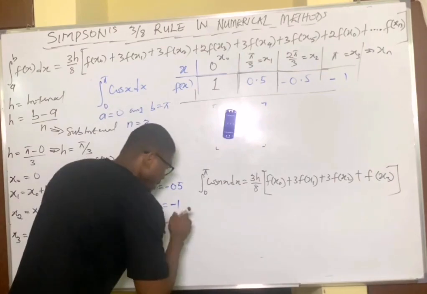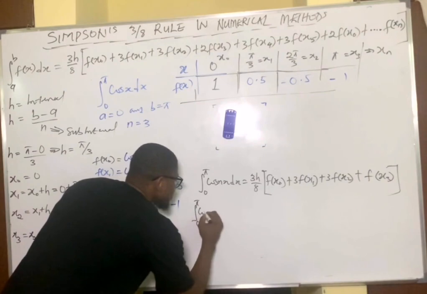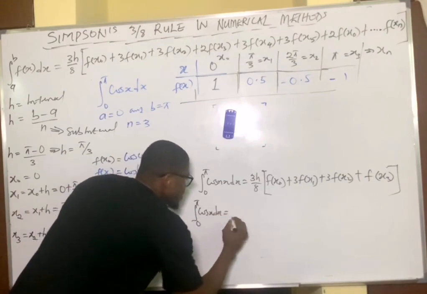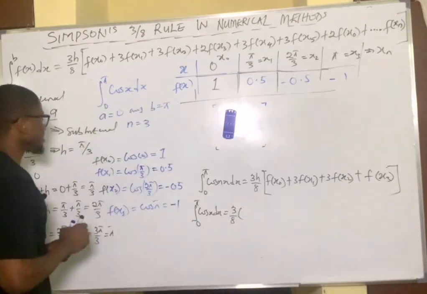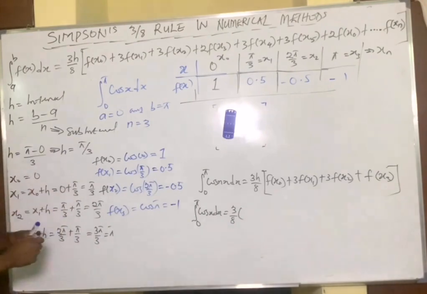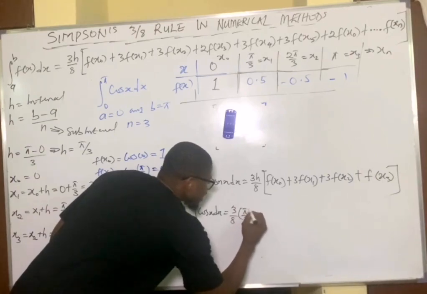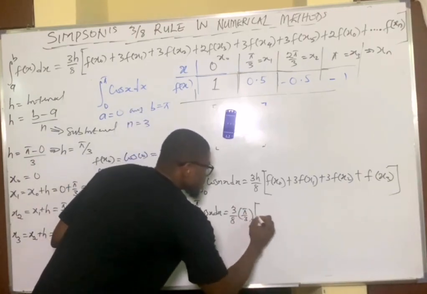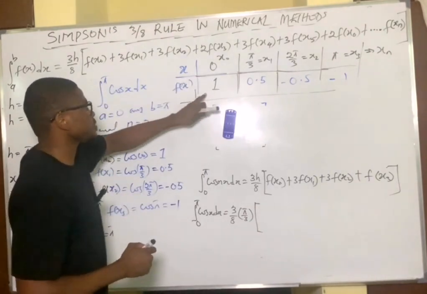So this integral from 0 to pi of cos x dx is now going to be 3 over 8 multiplied by the interval. Interval gave us pi over 3. So multiplied by pi all over 3, okay, this times f of x naught, the value of the function when x is x naught is 1.